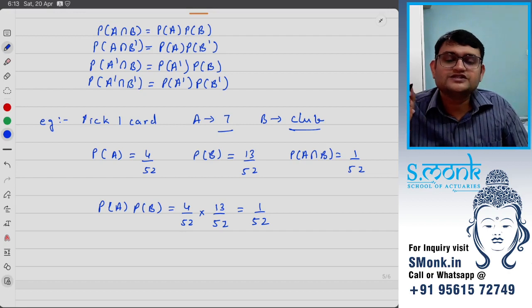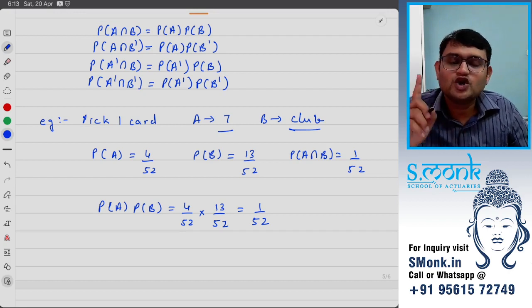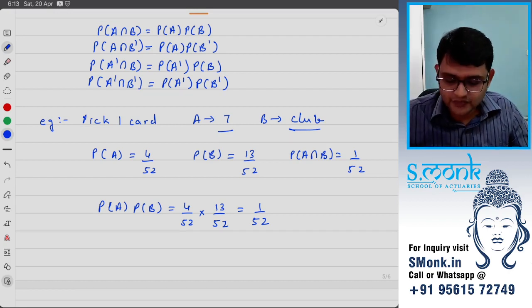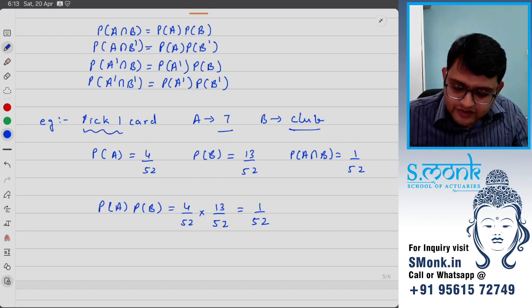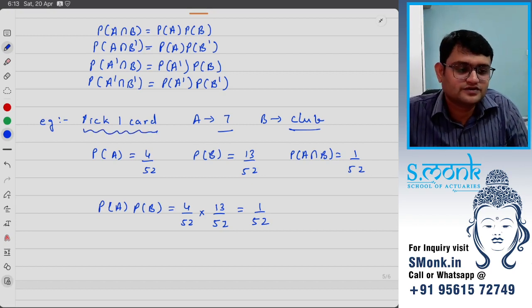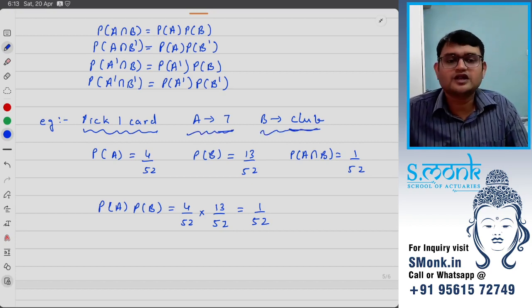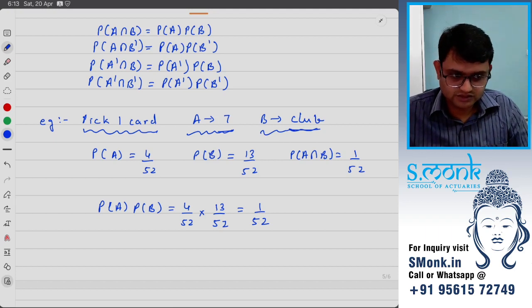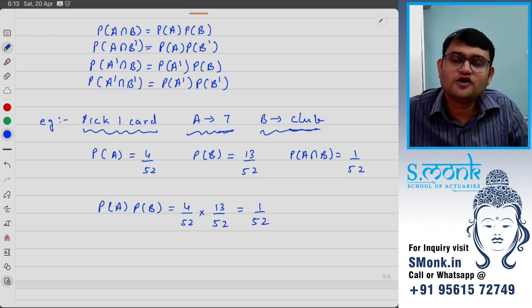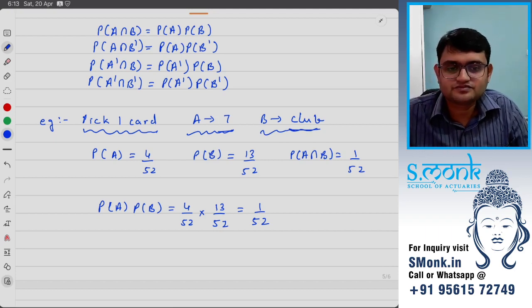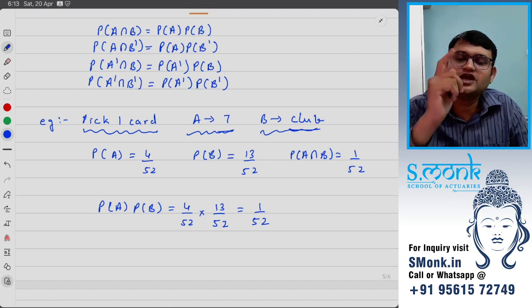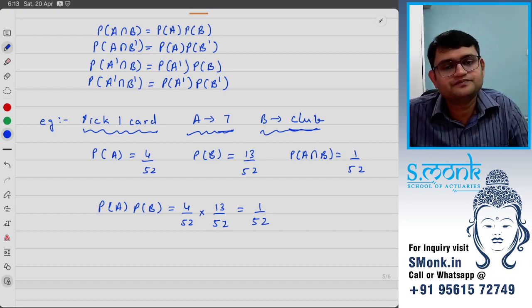I'll tell you, this is neither independent nor dependent. I tricked you. The tricky part was here: we picked only one card. This is just one event. This A being 7 and B being a club are outcomes of a single event, and the event was picking one card.